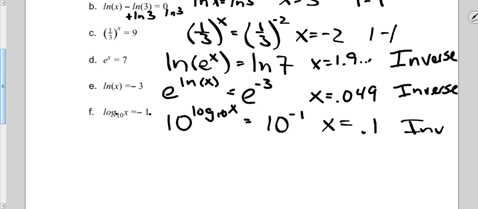Now, if you think about this really hard, how did we translate this before? I said the base to what power equals x, right?